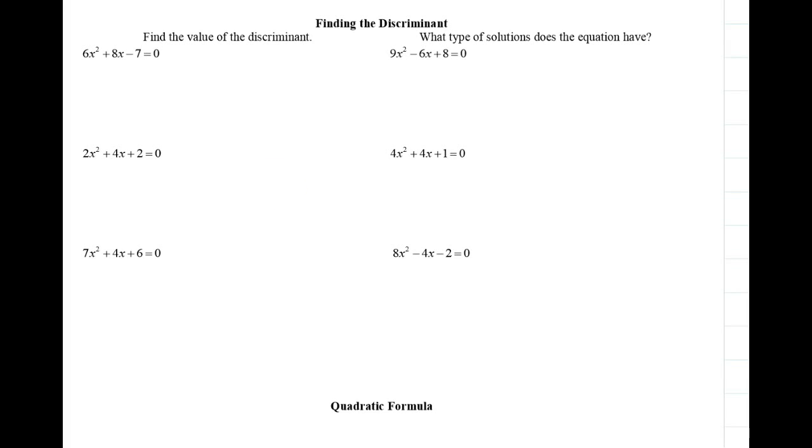All right, find the value of the discriminant. So the discriminant is based off b squared minus 4ac. So for every single one of these, I'm going to write b squared minus 4ac.